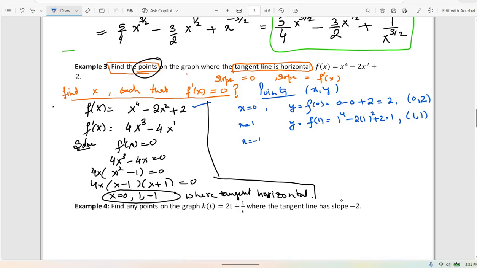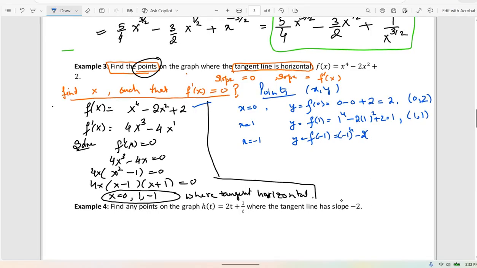When x is negative 1, y will be f of negative 1. Negative 1 to the power 4 minus 2 times negative 1 squared plus 2. So that will be 1 minus 2 plus 2, again 1. That means the point is negative 1, 1.